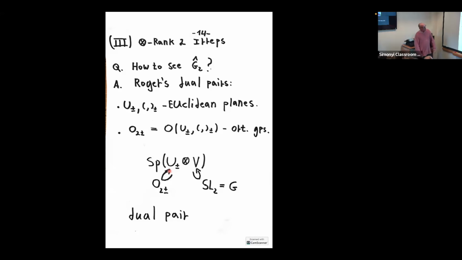O2 is sitting there through its action on U, and SL2 is sitting there through its action on V, and they commute with each other, and in fact, each is the commutant of the other. All the elements that commute with SL2 are those of O2 and vice versa. So this situation of two groups in such a relation inside the symplectic group, Roger called a dual pair.